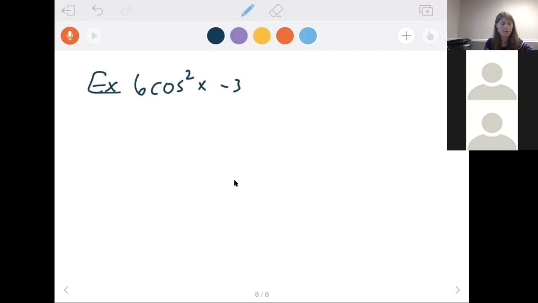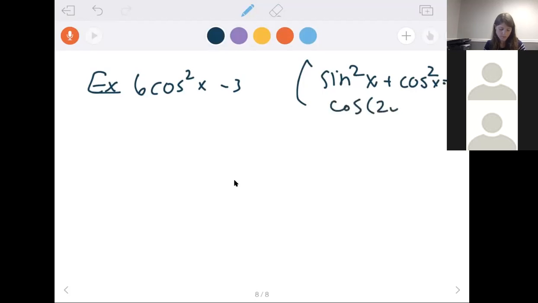And anytime you have that cosine squared, my brain is thinking, well, not only the trig Pythagorean theorem, sine squared plus cosine squared equals 1, but I can also think about my double angles. And in this case, again, it gets a little bit trickier because you have to think about which double angle you want. Let's have a little more room here.